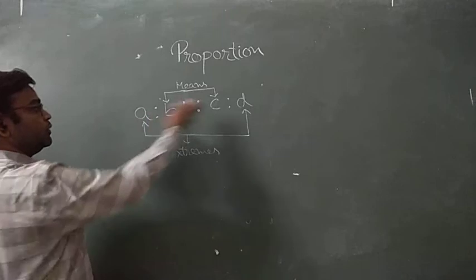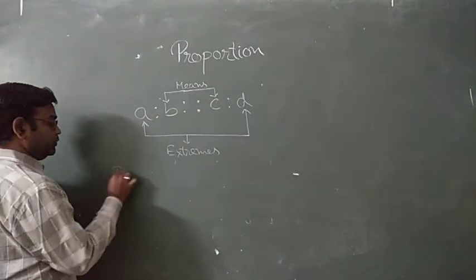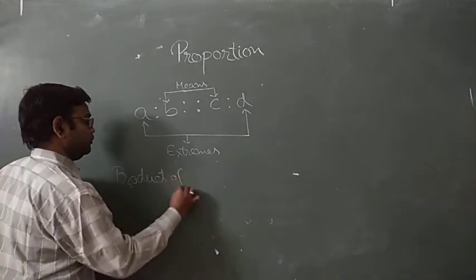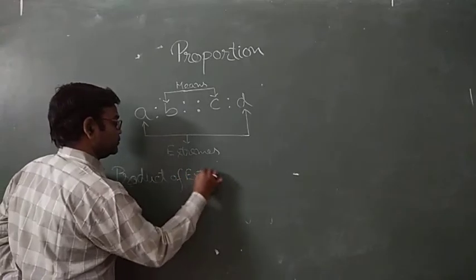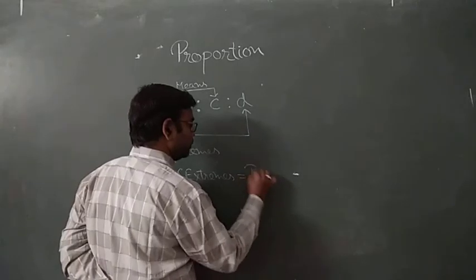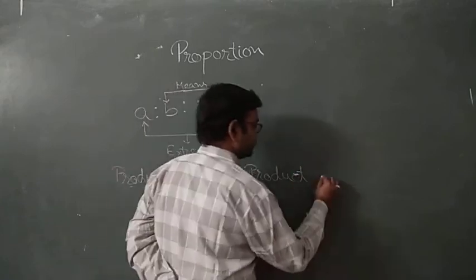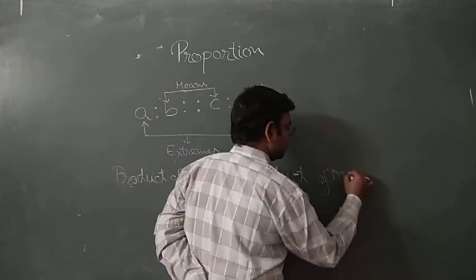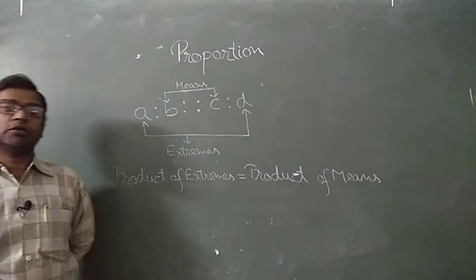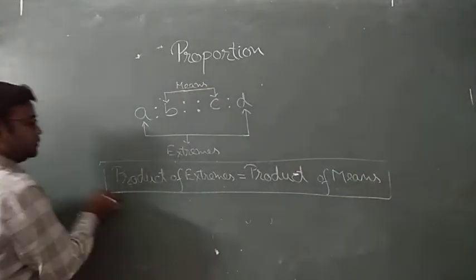If all these four terms are in proportion, then the product of extremes always equals the product of means. This is one of the formulas.